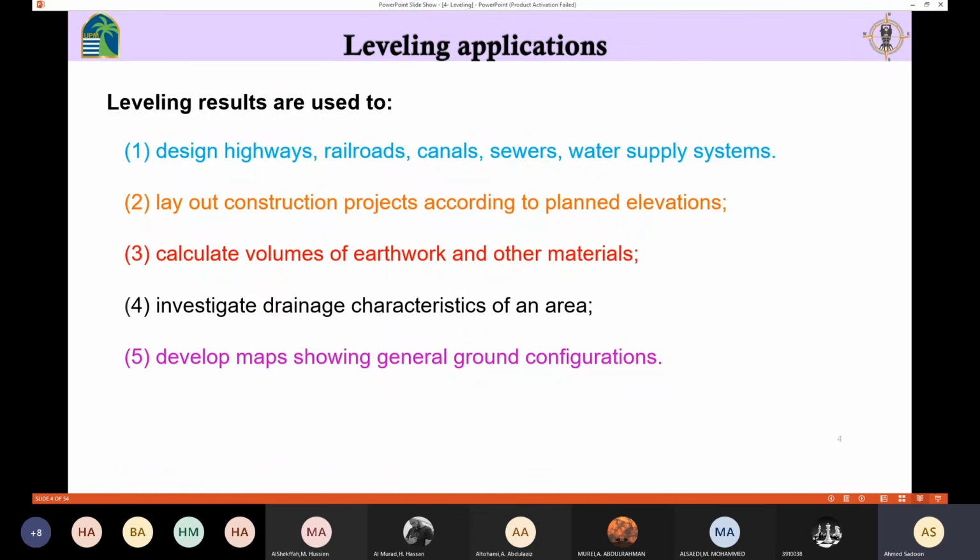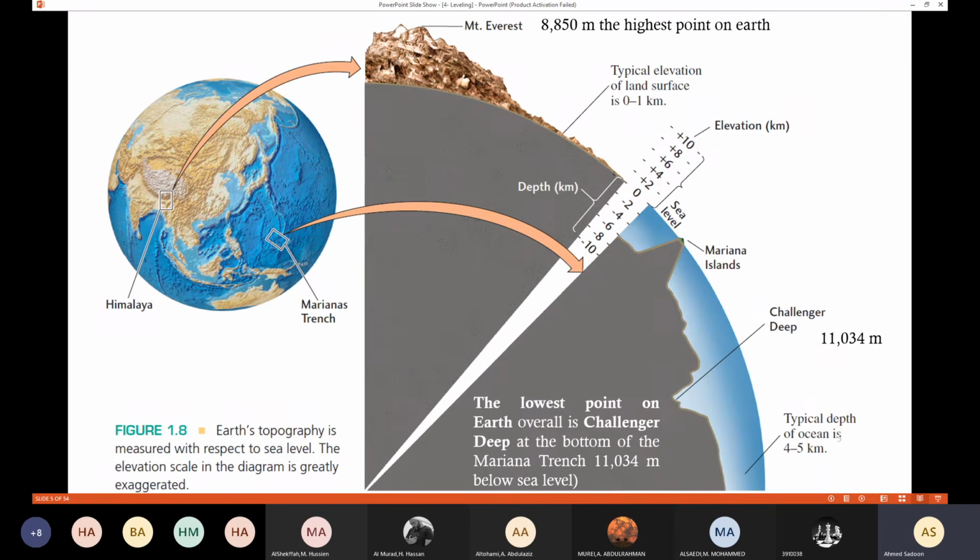So leveling is one of the most important processes in surveying. We said that in leveling we need to determine the vertical distance, right? The difference in height between 2 points. But for example, here we have the Earth, and here is the surface of the Earth.